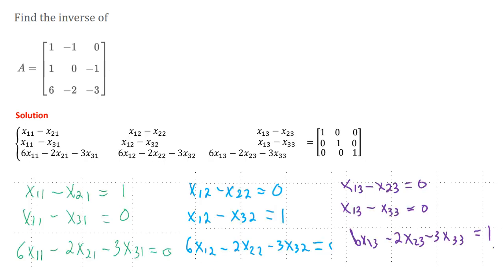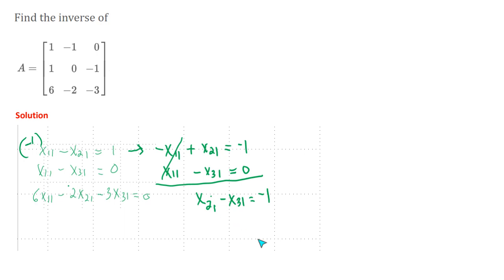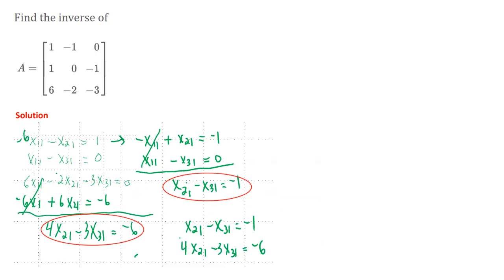We can set up systems. So the first system would be this first column, x11 minus x is equal to 1. And then you would do the next one, x11 minus x31 is equal to 0, and so on. So you would have your system. Once you have your system, then you would go ahead and use systems of equations to get your variable.